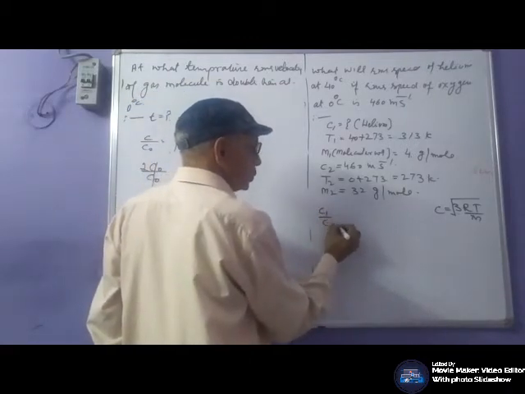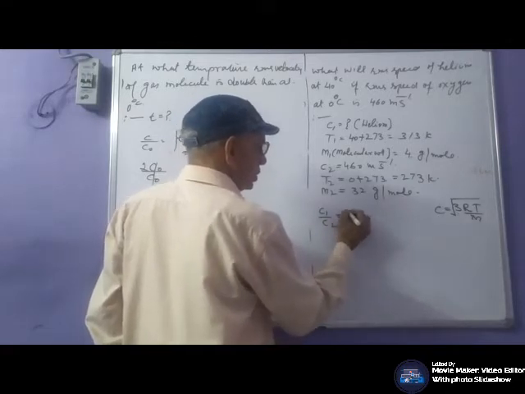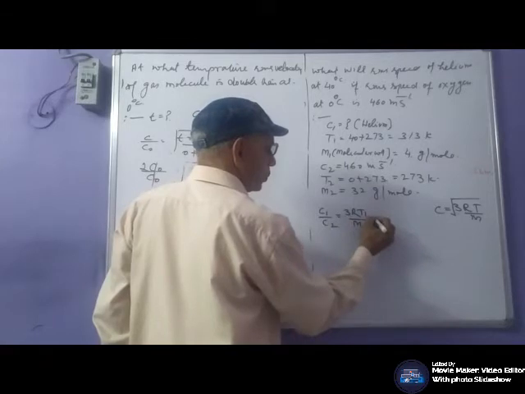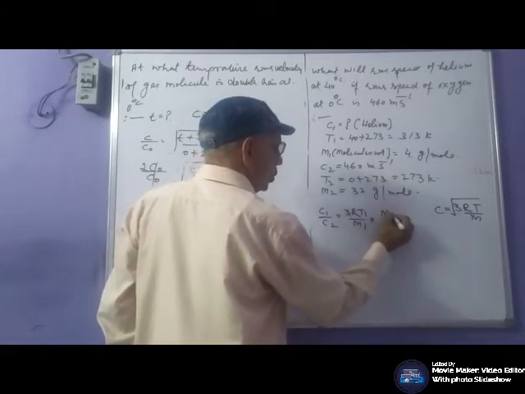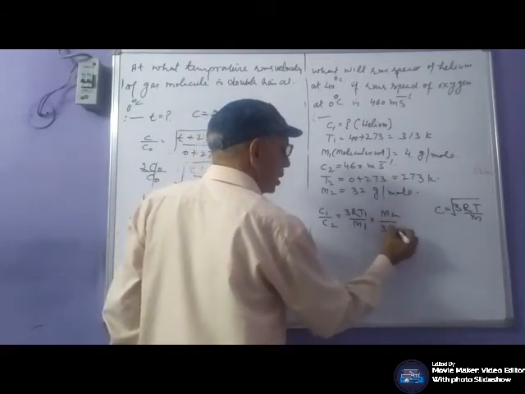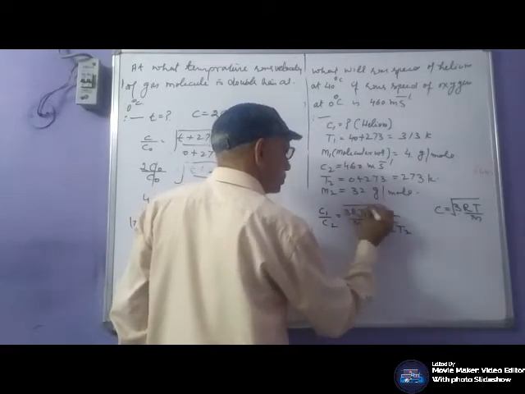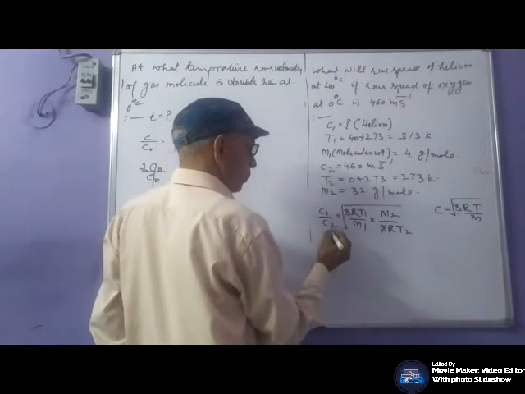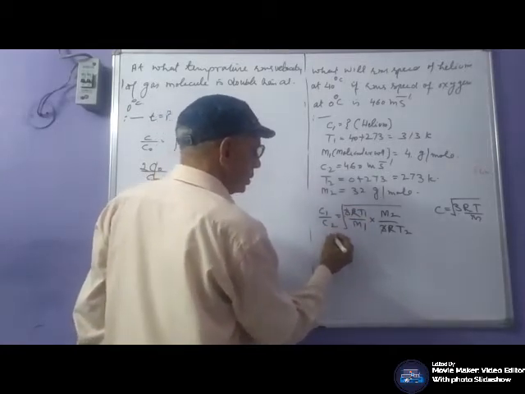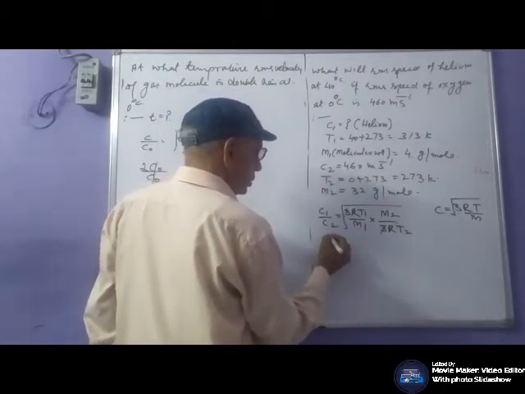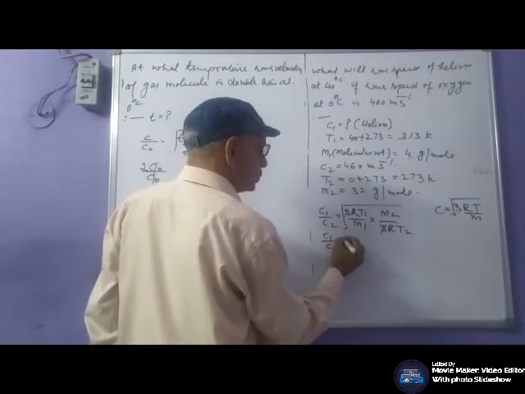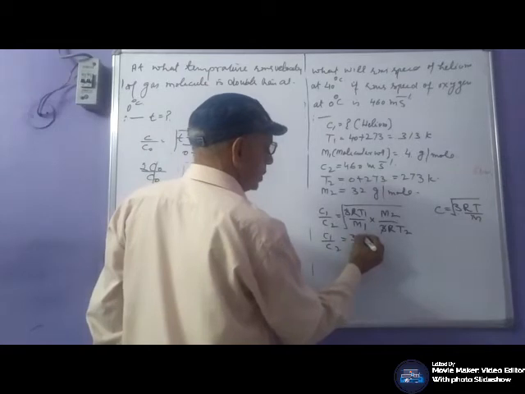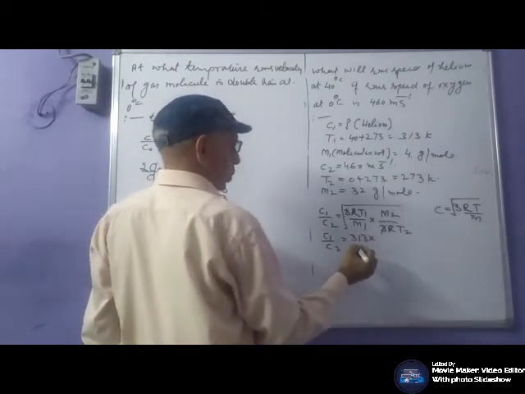C1 by C2 equals root of (3R T1 by M1) times (M2 by 3R T2). 3R cancels with 3R. So C1 by C2 equals root of (T1 M2)/(T2 M1).